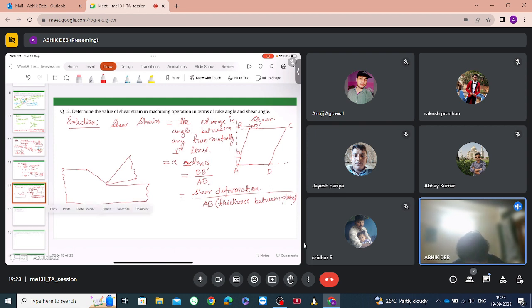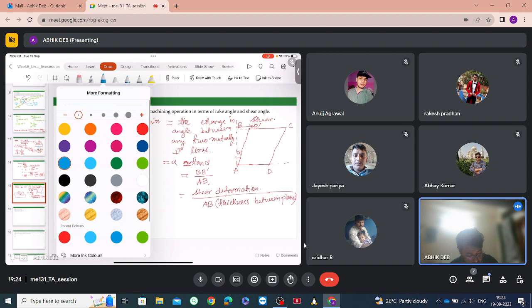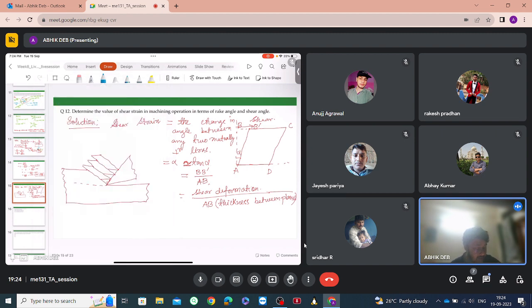Now we will apply this concept to the shear deformation in the machining operation. As I have previously said, deformation happens as stacks like this. So what will be the initial length, that is, the thickness between the planes initially?